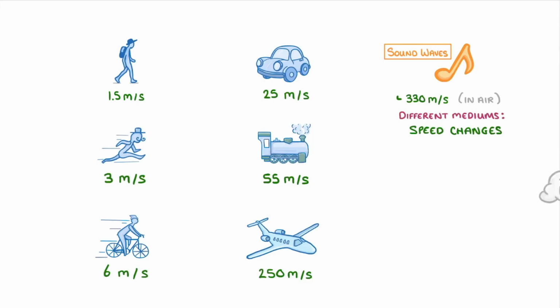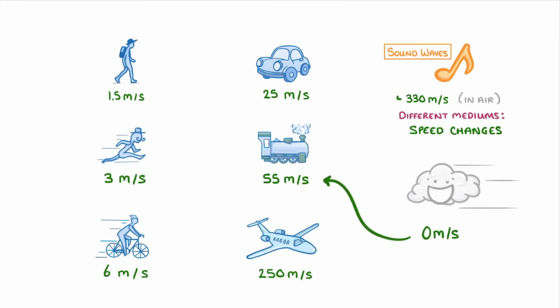A more relatable example is the wind, which is just the natural movement of air. This can vary from almost 0 meters per second on a still day to faster than a speeding train on a windy day, and can be affected by things like temperature, atmospheric pressure, and the structures it's traveling past, like buildings or mountains.